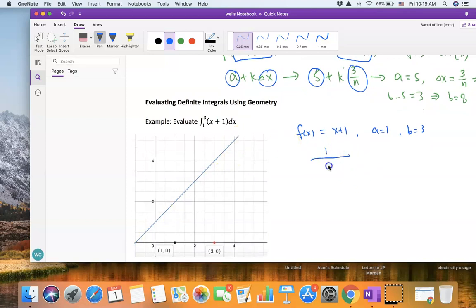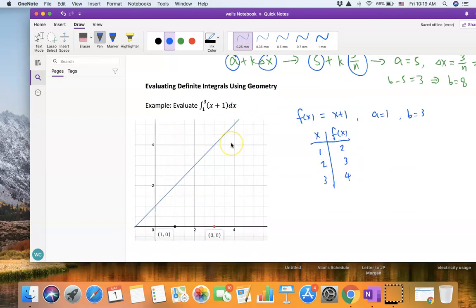When x equals 1, the function value is 2. When x equals 2, the function value is 3. When x equals 3, the function value is 4. So by connecting these points, you will have a straight line.